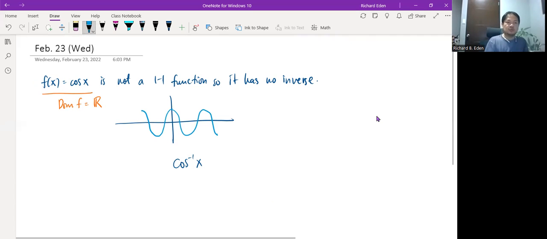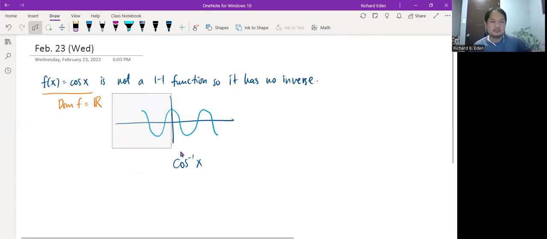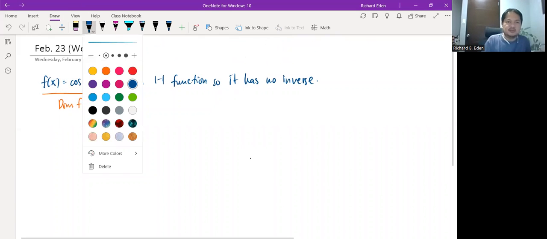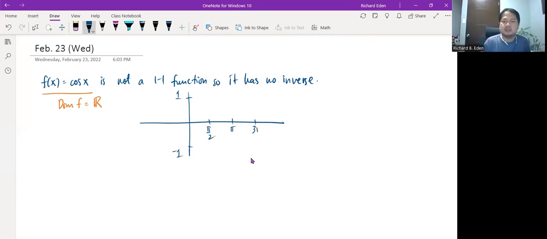But instead, what we are going to do is, hold on, I should have made the drawing larger. Okay, because there is something that I wish to extract from the graph. Ito. 1, and then -1, and then we have pi over 2, pi, 3 pi over 2, and 2 pi.